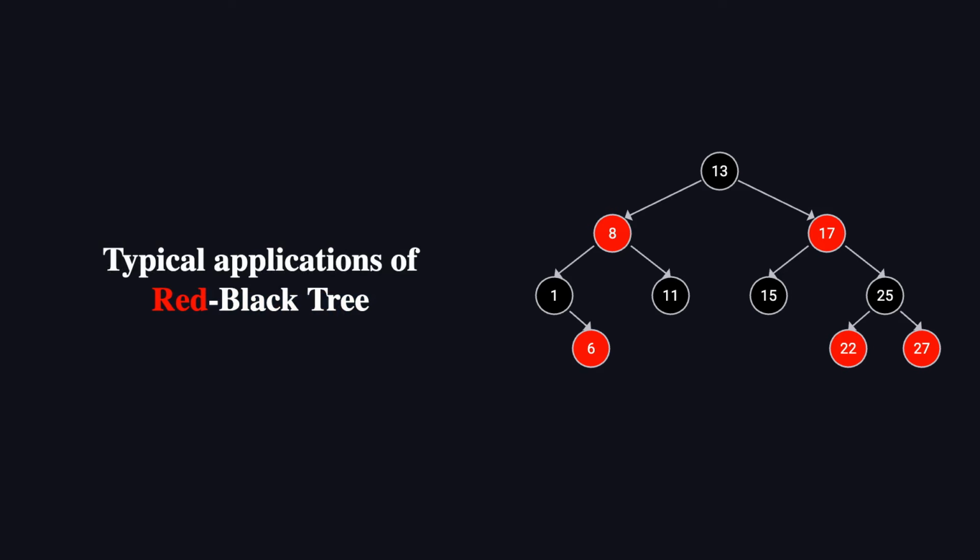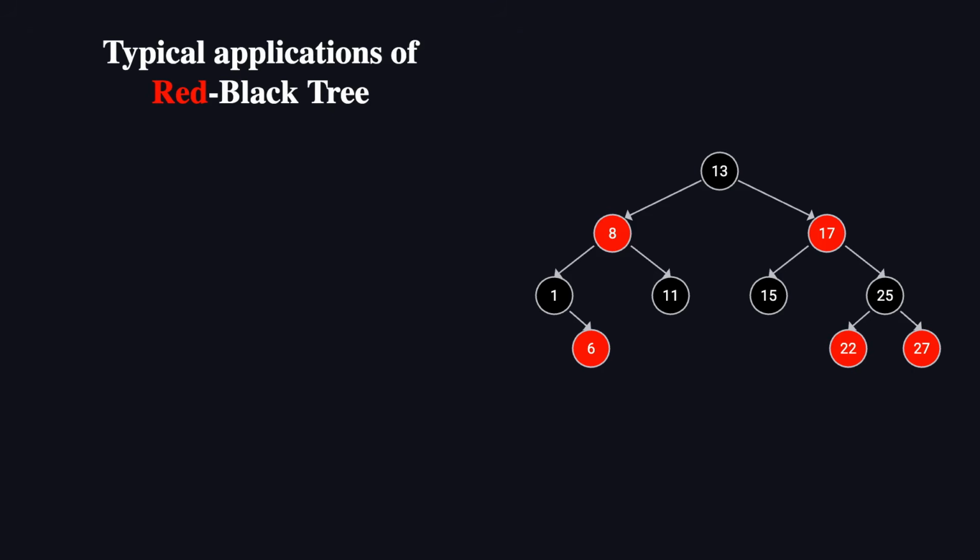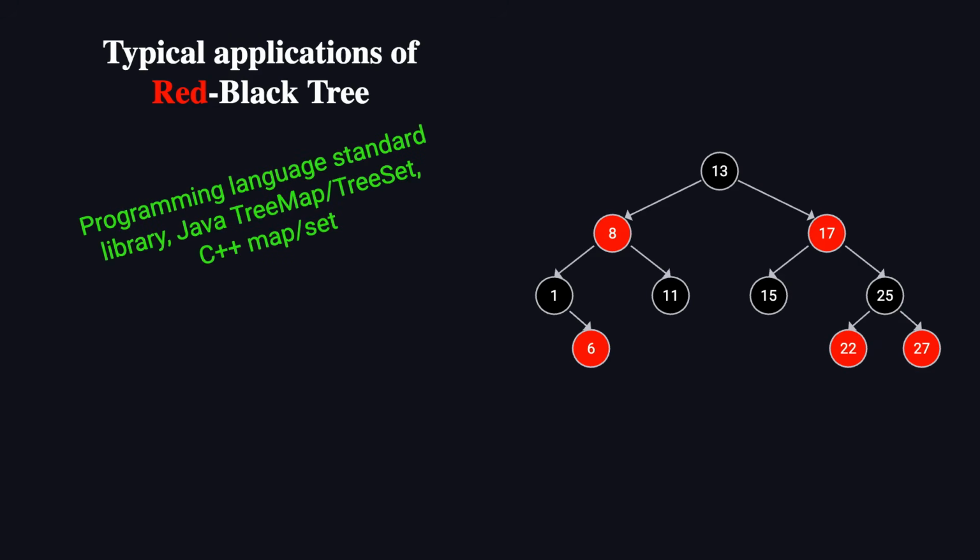Finally, let's talk about where red-black trees are used in real-world applications. Thanks to their self-balancing properties and efficient performance, they are widely used in software development. Many programming languages have built-in data structures based on red-black trees. For example, Java's TreeMap and TreeSet, as well as C++'s standard map and set, all use red-black trees under the hood.